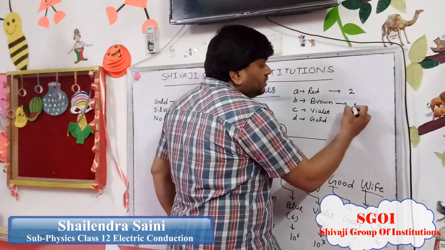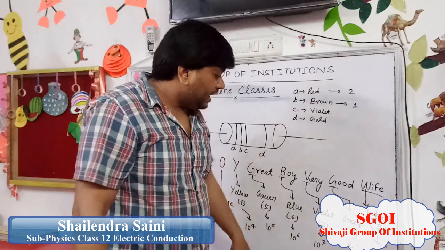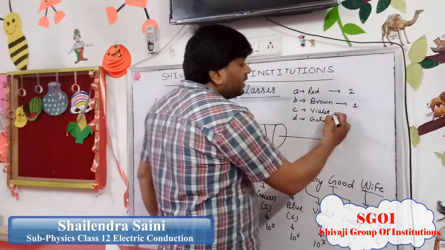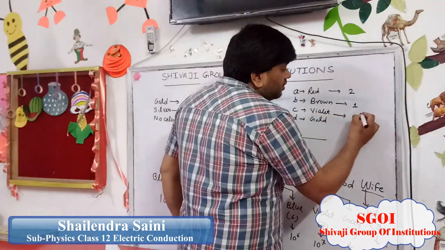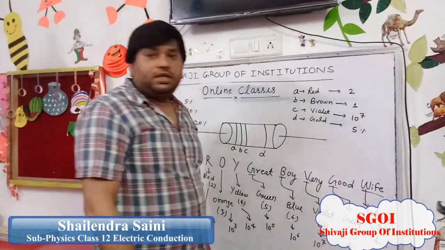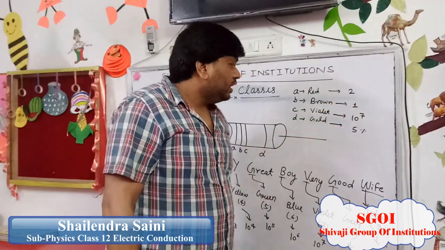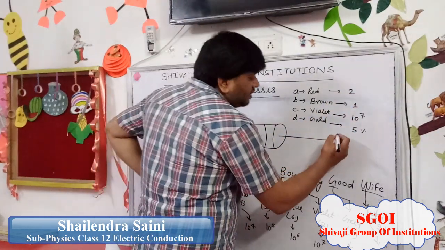For brown color it is 1, and violet is at the place 7, and the multiplier value for violet color is 10 to the power 7, and for gold it is 5%. So these are the values related to A, B, C and D. Now we will write the final answer of this resistance.